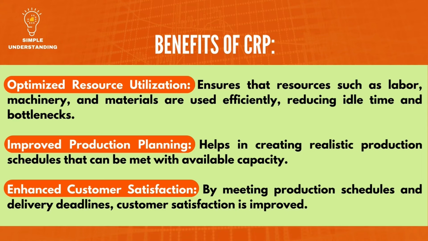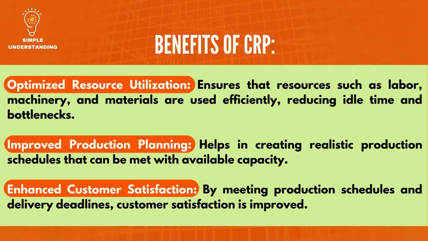Optimized resource utilization. Ensures that resources such as labor, machinery, and materials are used efficiently, reducing idle time and bottlenecks. B. Improved production planning. Helps in creating realistic production schedules that can be met with available capacity. C. Enhanced customer satisfaction.